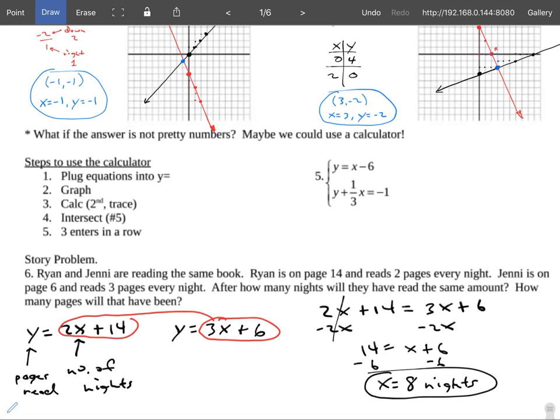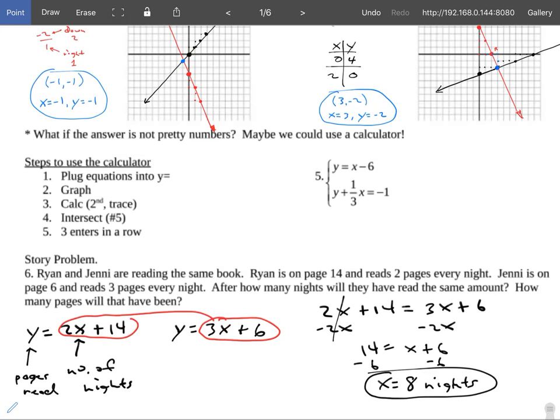But then there's a second part to the question. It also said, let's see, how many pages will that have been? So we want to know after 8 nights, how many pages have they read? So all you got to do is take the 8 and plug it into one of these, doesn't matter which one, plug it into one of these expressions for y.